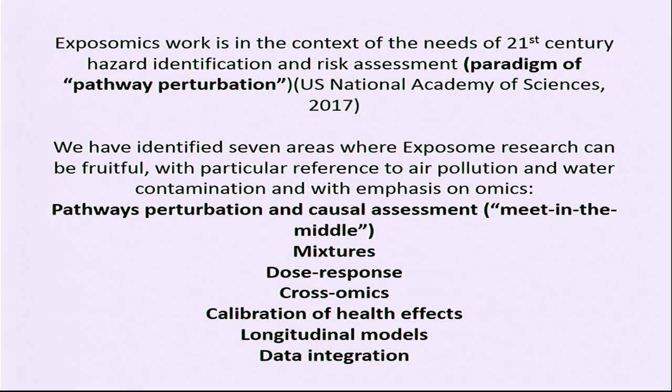Then calibration of health effects is a potentially nice contribution of exposome work to decrease misclassification and increase the power of our studies. Then we use longitudinal models, and we have statistical tools to look at the temporal sequence of exposures. And then the concept of data integration is clearly crucial.